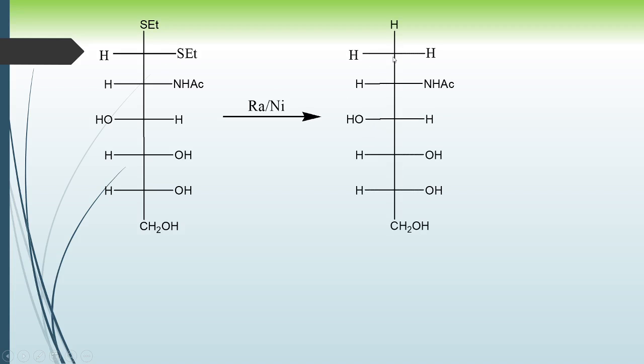So in the next step there is a reagent, Raney nickel. So Raney nickel is used for the reduction, and we got here the CH3. This SEt and SEt can be replaced, and we got this CH3.